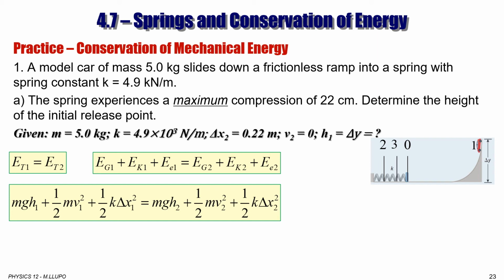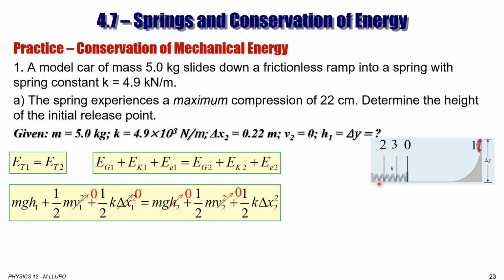But remember, at position 1, we have height, which means the mgh1 is not 0. However, the car starts from rest. That means the kinetic energy will become 0 because speed is 0. And now there's no spring at all at point 1. So that means elastic energy is 0.